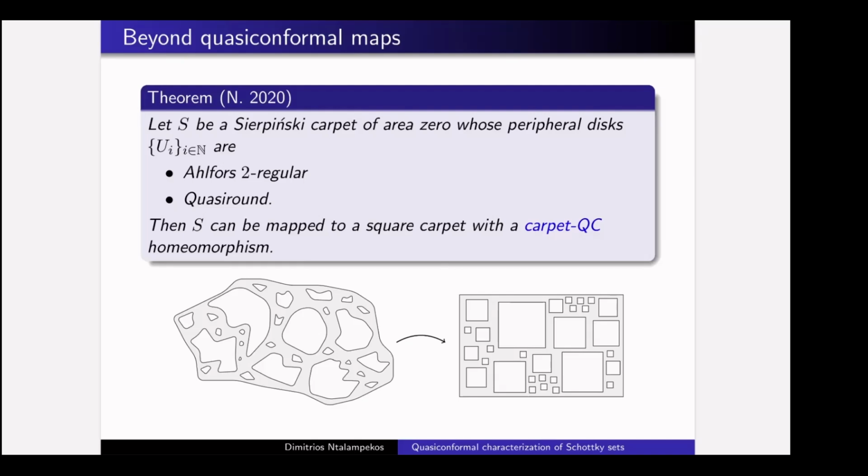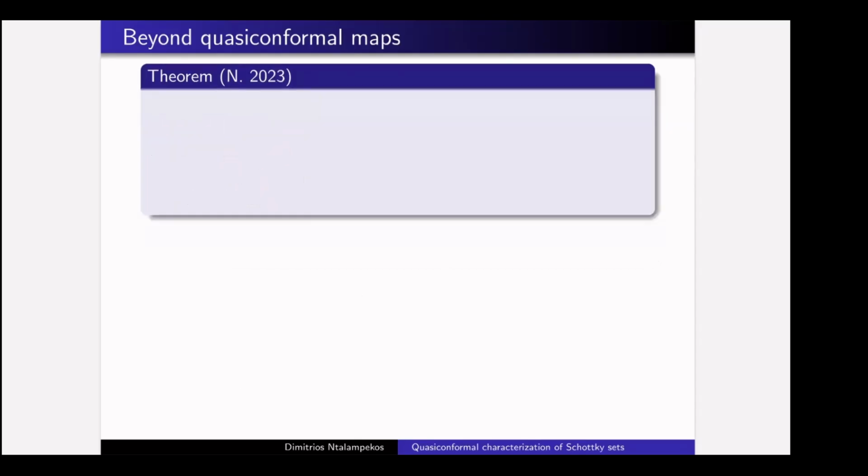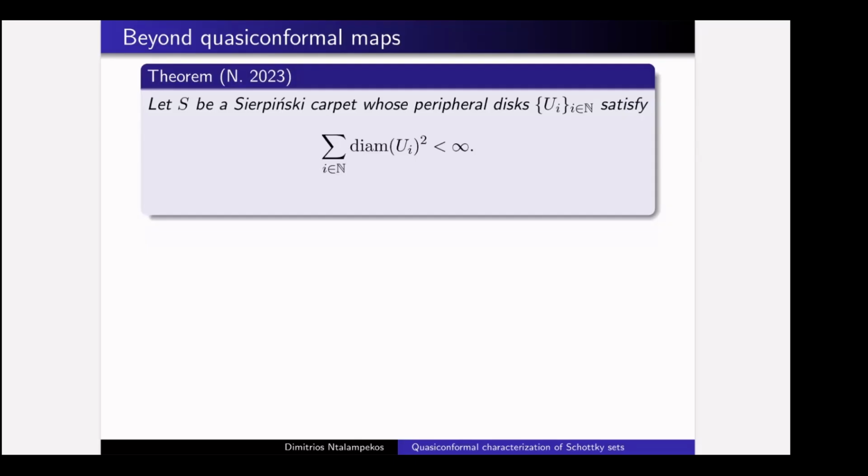Now, in the next years, I kept studying this problem, and I was able to remove entirely the geometric assumptions and replace them with something much weaker. So if we have a carpet, and we just assume that the peripheral disks have diameters that are square summable, no other uniform geometric condition, then we can find what I call a packing quasi-conformal map from a Schottky set onto S. This is another generalization of quasi-conformal maps.